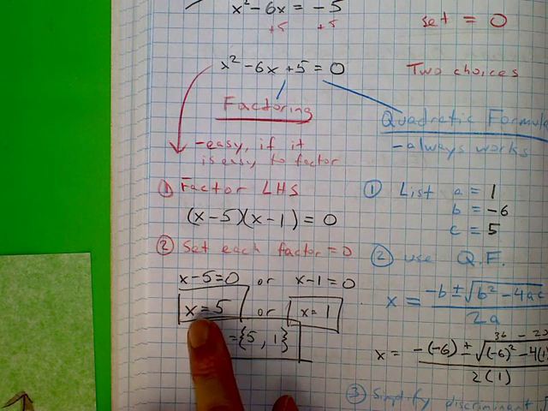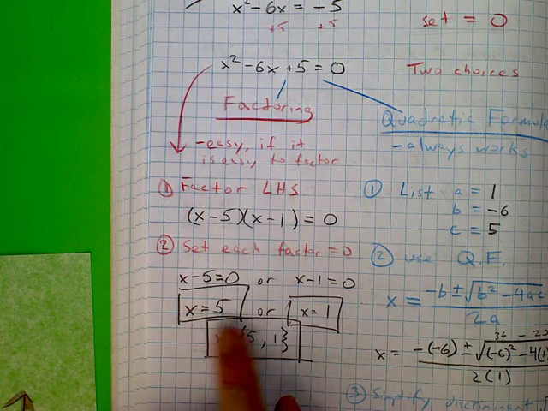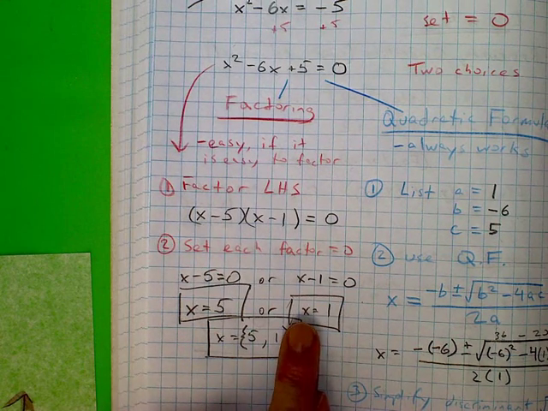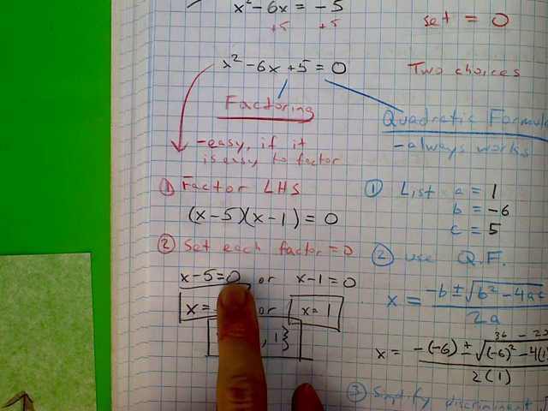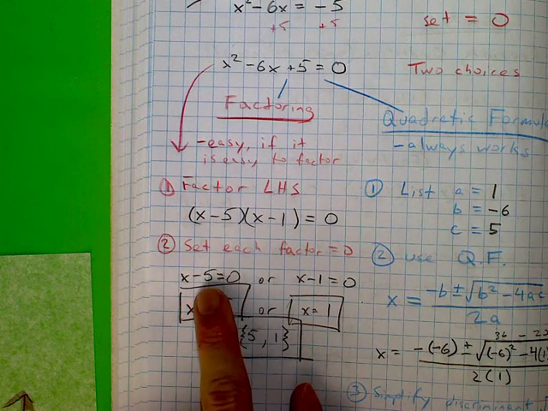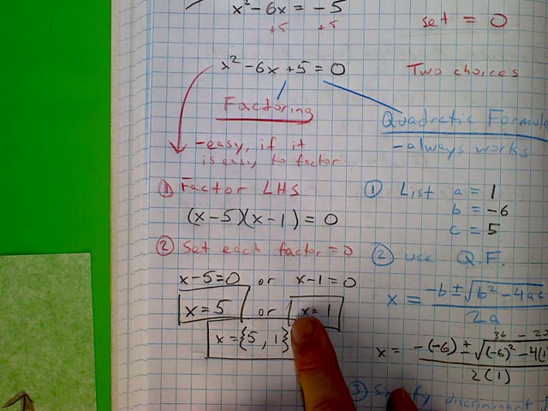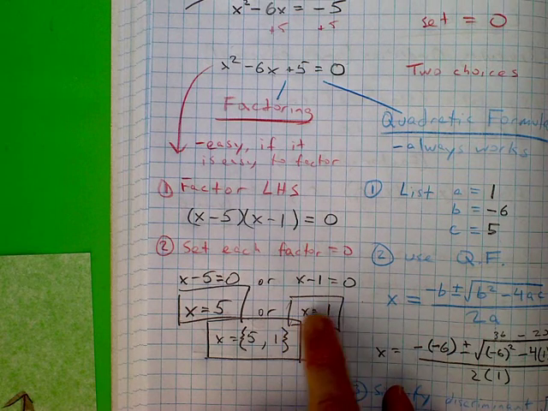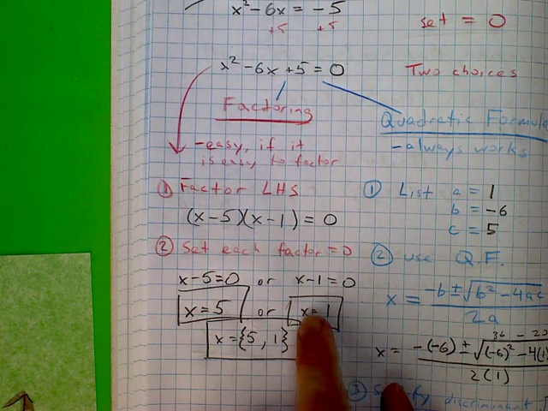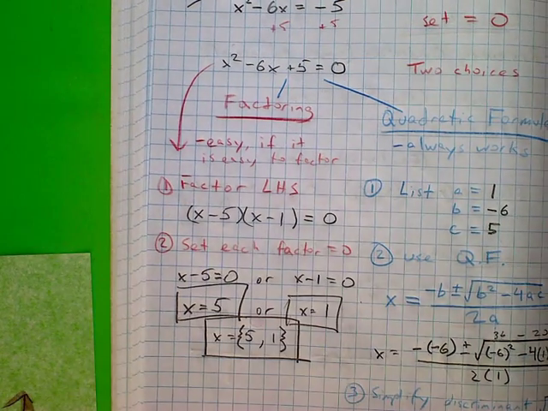What factors would have given me roots of 5 and 1? Well, if I take x equals 5 and I move the 5 over to make it 0, I get x minus 5, right? Or if I take x equals 1, I can move the 1 over and I get x minus 1 equals 0. So those would be my two factors.